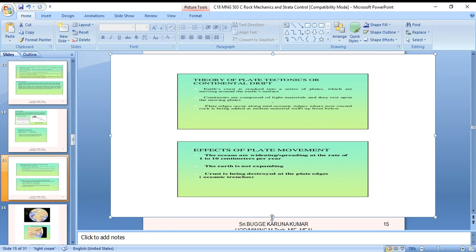The theory of plate tectonics says the earth crust is cracked into a series of plates which are moving around the earth surface. The continents are composed of lighter material and they rest upon the moving plates.